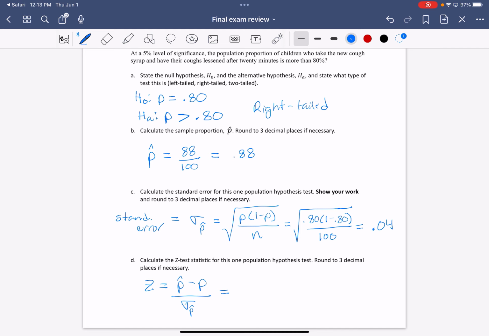We now have all three pieces of information, so we can plug them in. P hat, we found previously to be 0.88, minus P, which we said originally in the null hypothesis was 0.80, all over the standard error. We just found the standard error in the previous step. That was 0.04.